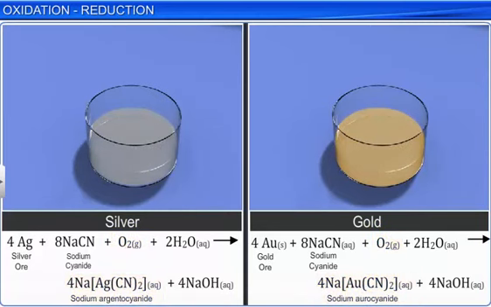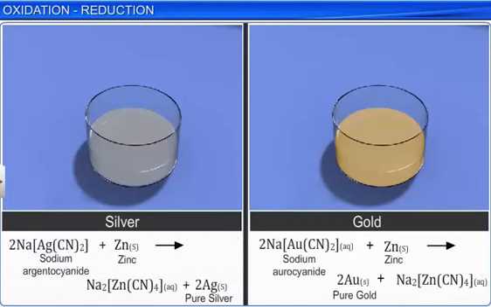In the process, silver is oxidized to silver plus 1 and gold to gold plus 1. The next step is the recovery of the metals from their respective complexes by reduction or displacement using zinc. In this process, zinc acts as a reducing agent.